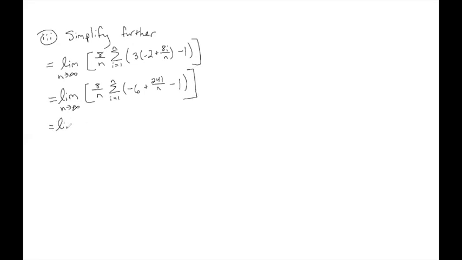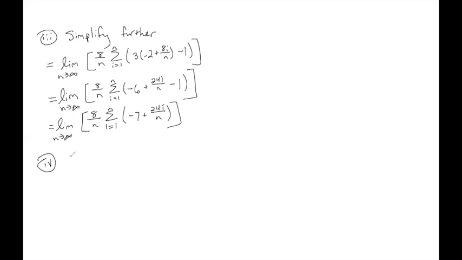One more little thing, just to combine the like terms inside the sum. And I get -7 plus 24I over n. Great. Okay. All I've done is simplify the summand. This is what this is called, the summand, the thing inside the sum.